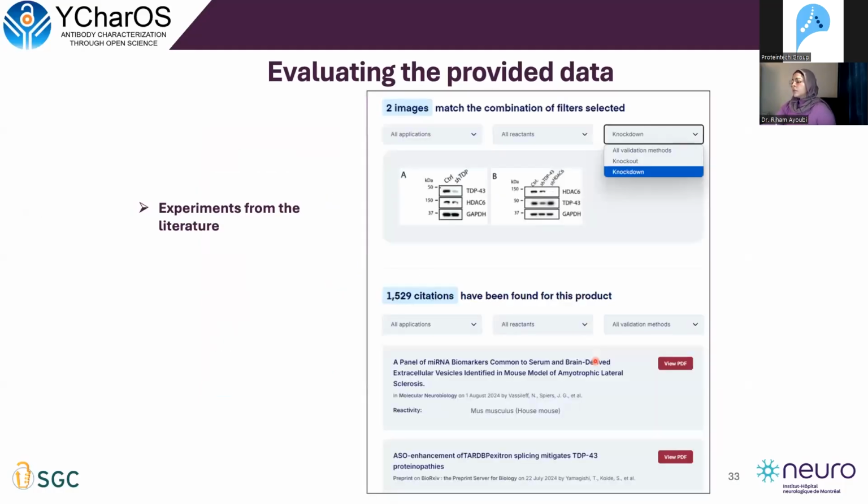And it was also shown in a knockdown from a publication. And this is why SciTab can be helpful in this case, because it can narrow down the images for you. You can even filter further to see the exact image in the publication where the knockdown is shown.